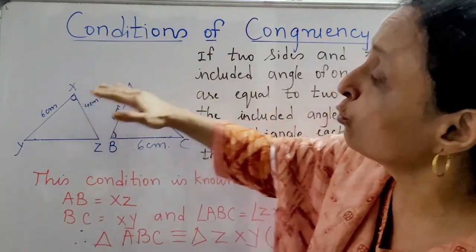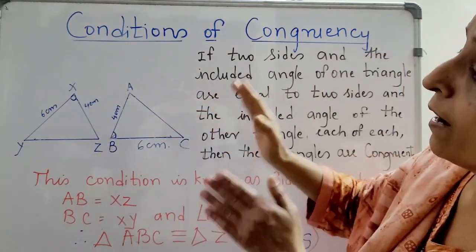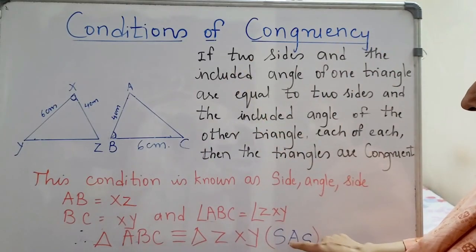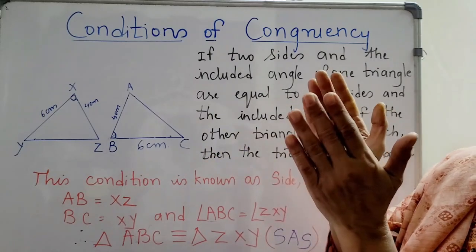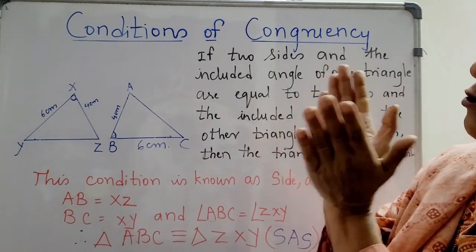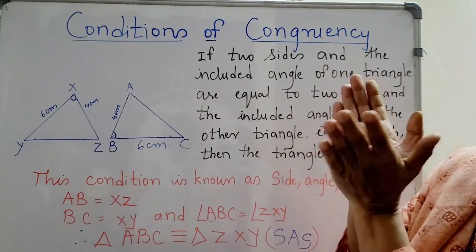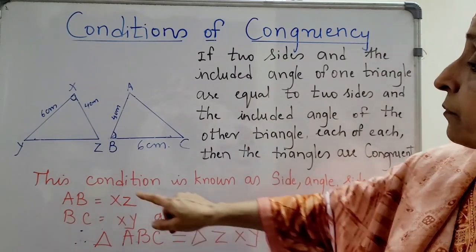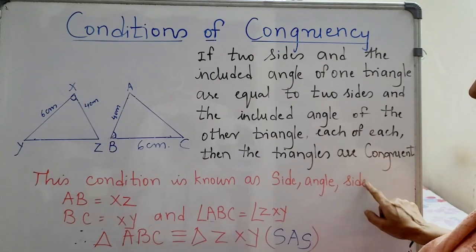So these two triangles XYZ and ABC are congruent by the test that is SAS. When two sides are equal and the angle in between is equal, then the triangle is congruent. So this condition is known as side angle side.